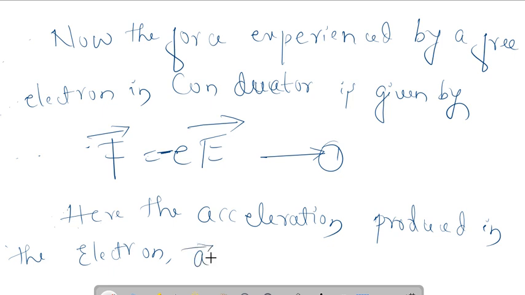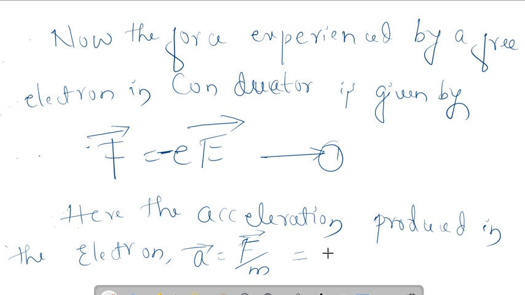We know from Newton's second law that F is equal to ma. Therefore, the acceleration produced in the electron is given by a bar equals F bar divided by m, where m is the mass of that electron.